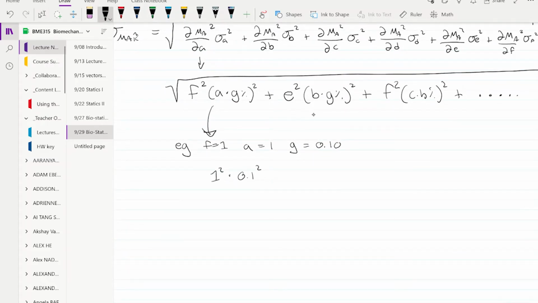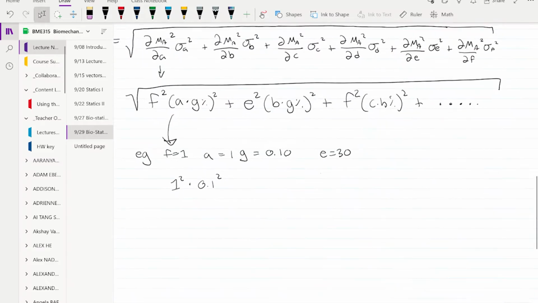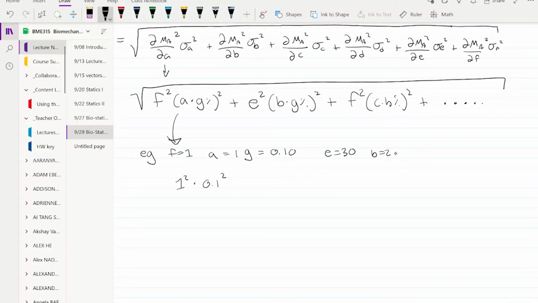So then you would just plug all that stuff in, right? All right, let's go. One more. So E is equal to 30, I think. B was 2. And then remember G is 0.1. So then that would be 30 squared times 2 squared times 0.1 squared, right?